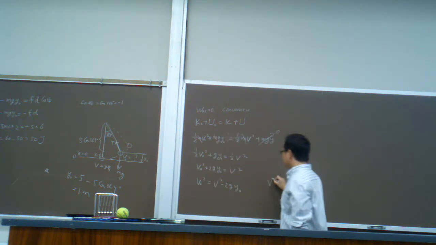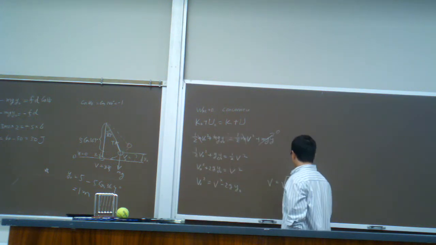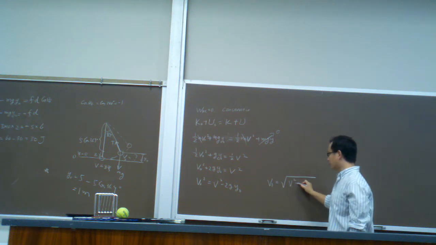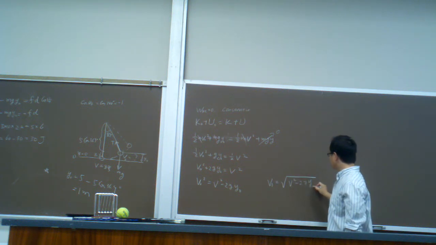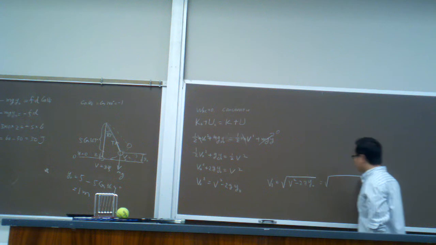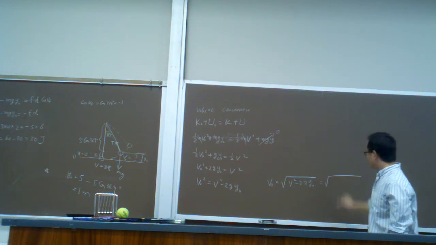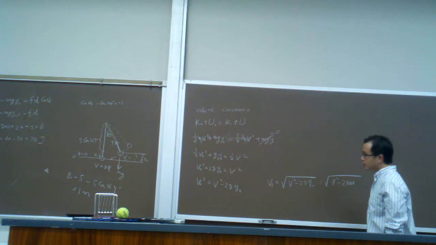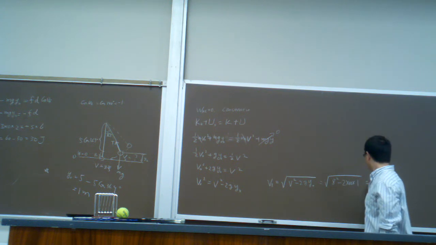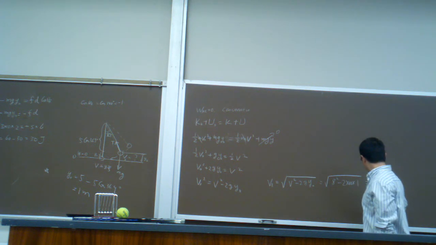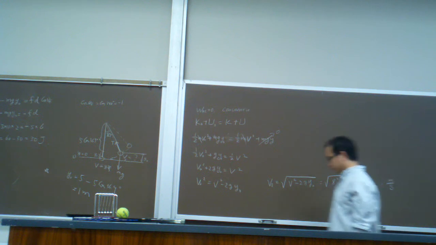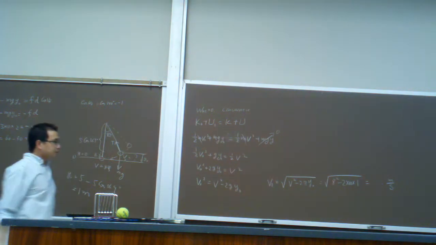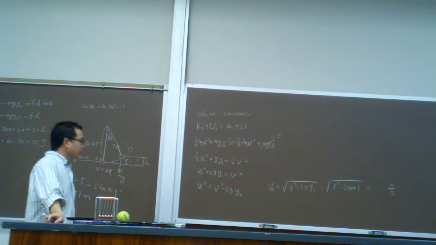So v naught equals the square root of v squared minus 2g y naught, the square root of 8 squared minus 2 times 10 times y. Okay? Any question here?